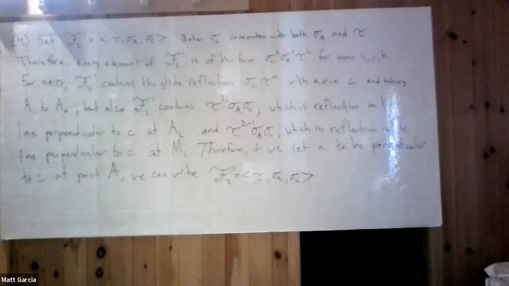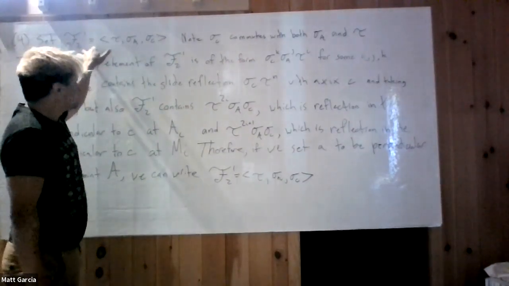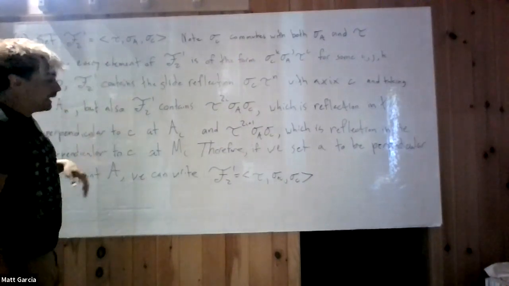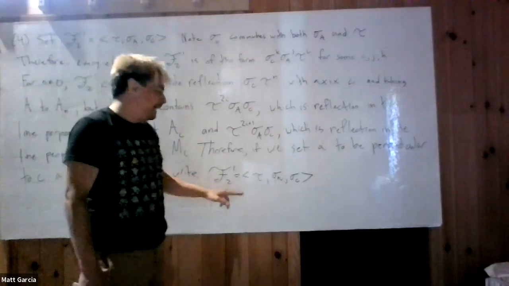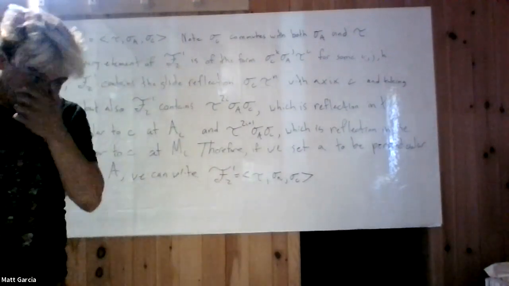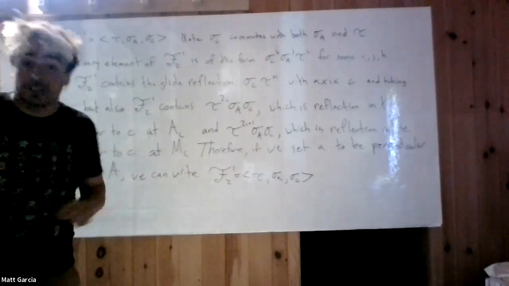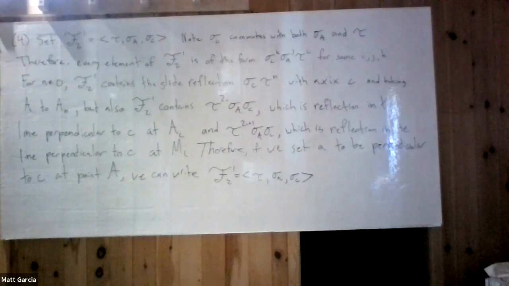So, in other words, even though we started by augmenting F2, in fact, we can write F2 so that tau is the only even generator. That's what I mean to say. Okay, there you have it.